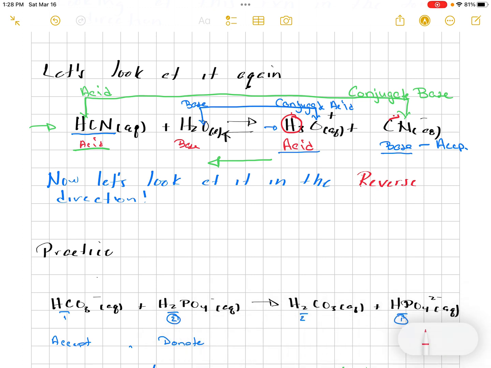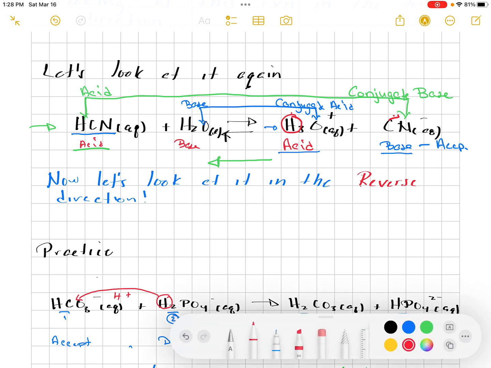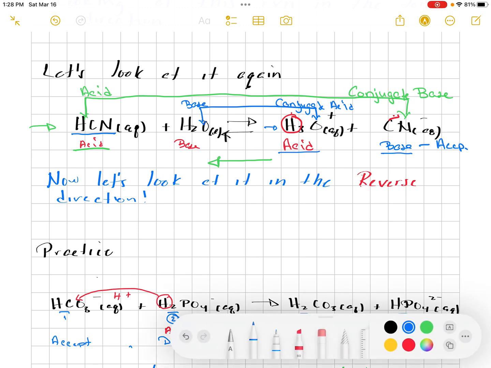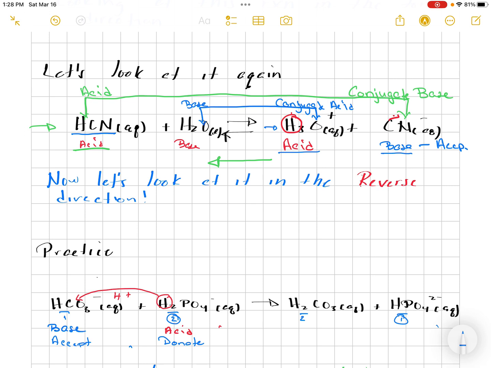So what happened in this reaction? This one is donating a hydrogen here. Based on this, I can see that this is going to be my acid, and this one's going to be my base. Now we can see which one is the acid and the base, and on the other side, we're going to identify the conjugate pairs.